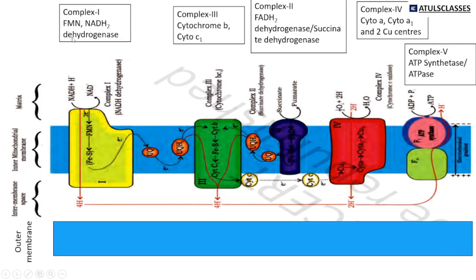Complex 1 is made of FMN and NADH2 dehydrogenase, where NADH and H plus ions are liberated and NADH gets transferred to NAD plus, and these hydrogen ions will be moving from the matrix towards the intermembrane space. Okay, so this is complex 1.